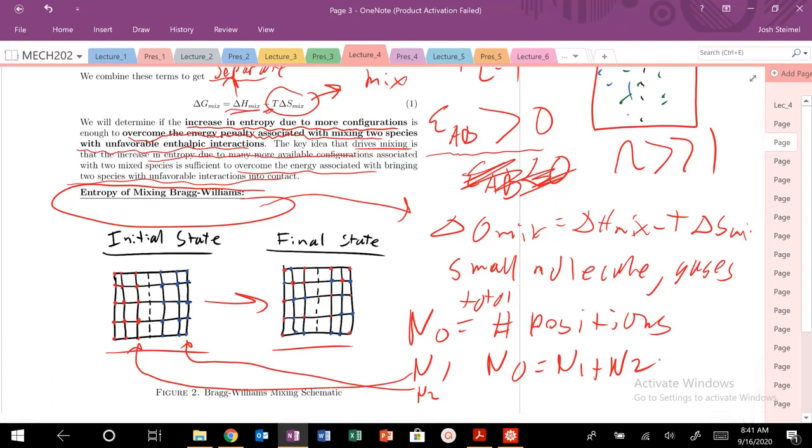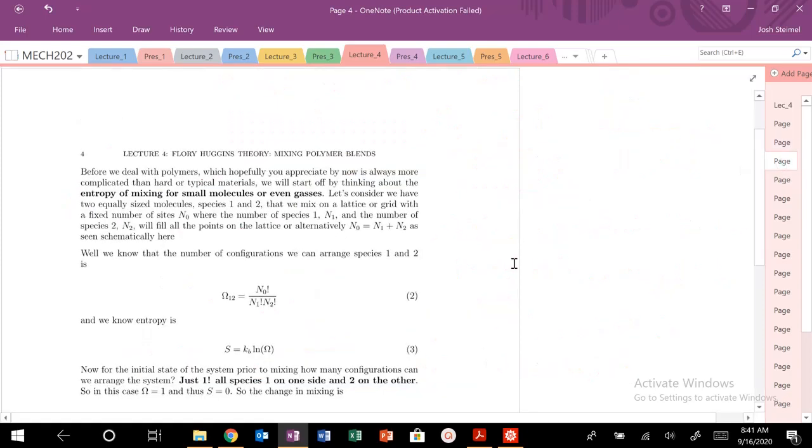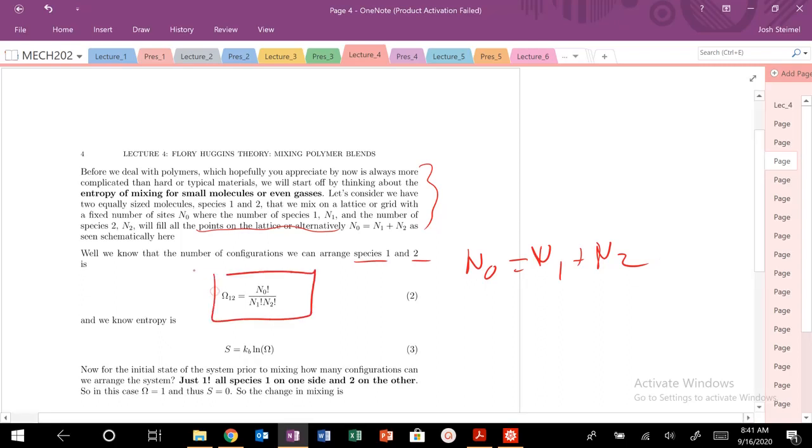So we need to calculate what is going to be the entropy of mixing. We'll go on to the next page here. N naught will fit all points of the lattice, exactly. So we know the number of ways you can arrange species 1 and species 2 on a lattice of N naught points, where N naught equals N1 plus N2, is just going to be our binomial, these different configurations, all those permutations. It's just going to be N naught factorial over N1 factorial times N2 factorial.